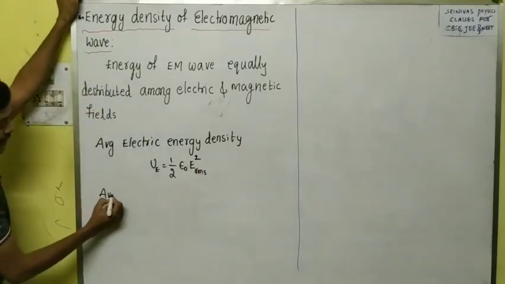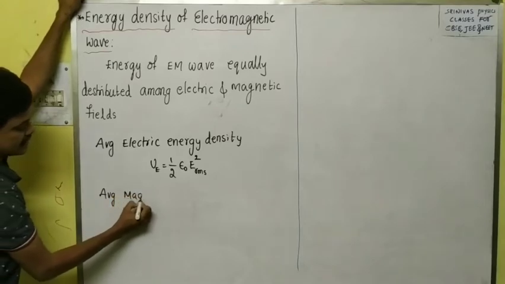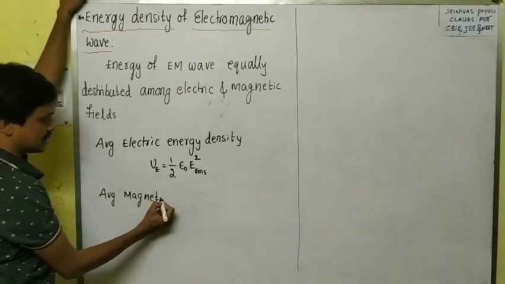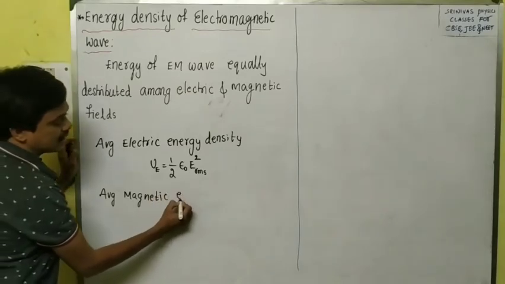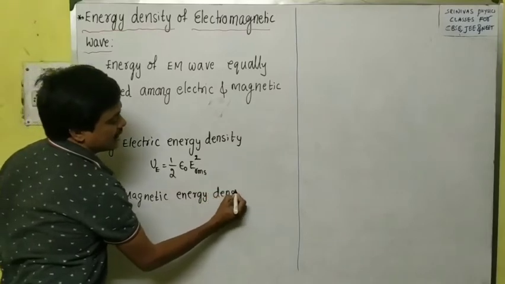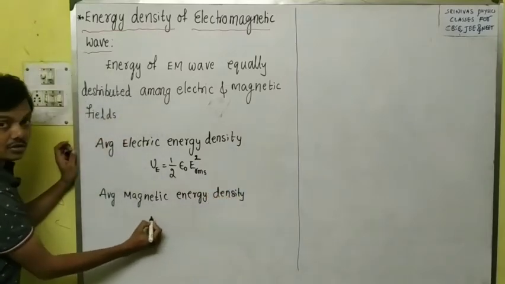And the magnetic field, average magnetic energy density. Energy density means what? Energy per unit volume is called energy density. Magnetic energy density is the magnetic energy per unit volume, denoted with UB.